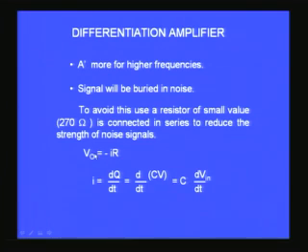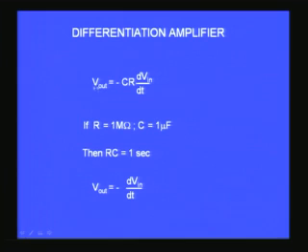Now we combine it with the output voltage, so the V output will now become I into R, that is minus RC or CR into dVin by dt. So this shows very clearly that the output voltage is the time derivative of the input voltage multiplied by a constant which comes into the game because of the value of the capacitance and the resistance that I have used in the circuit.